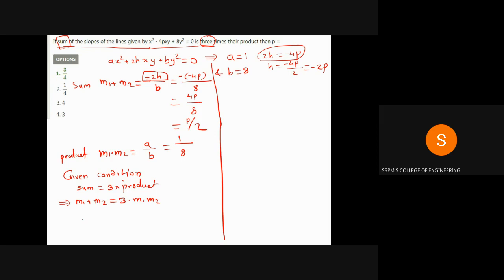So m1 plus m2 is p by 2, and 3 into m1 m2 is 3 by 8. Therefore p is equal to 3 by 8 into 2, 2 fours are 8, that is p is equal to 3 by 4. So this is the correct option. Okay, p is equal to 3 by 4 is the correct option.